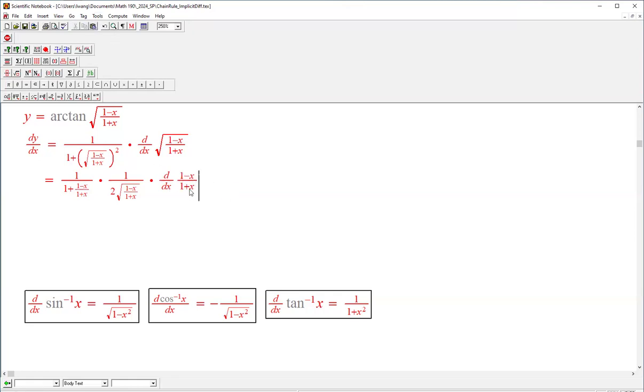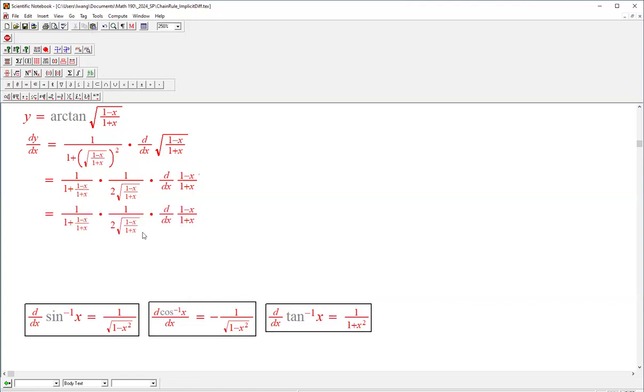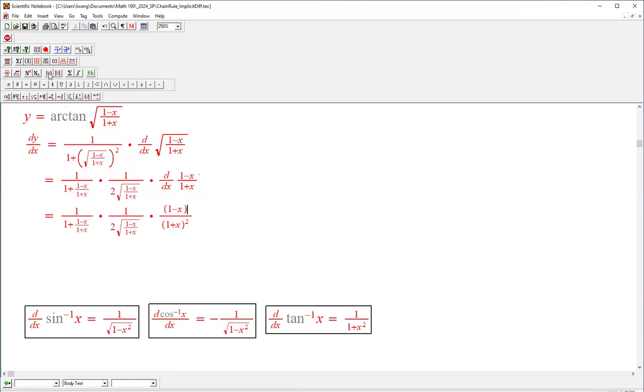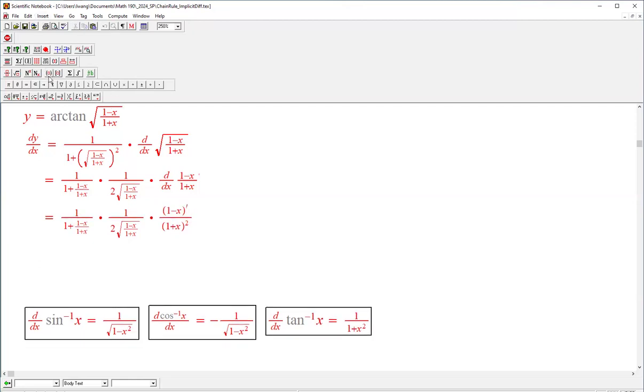Let's start on the next step. Differentiate this quotient: denominator squared, derivative of the numerator multiplied by 1 plus x, subtracting, we keep 1 minus x, and differentiating 1 plus x, prime.